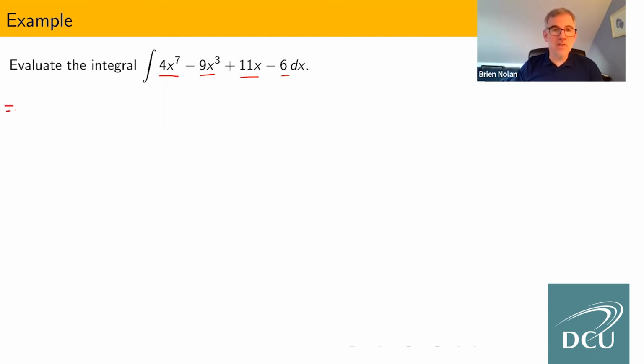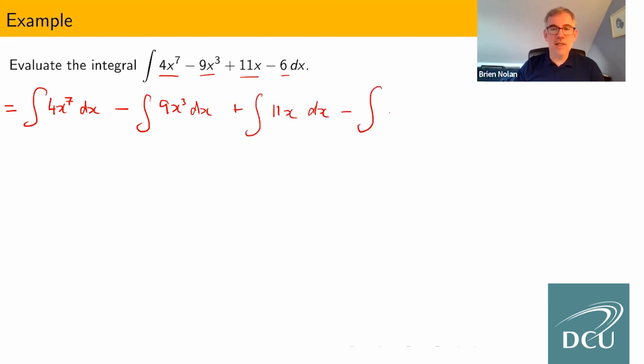So this integral will equal the integral of 4x to the 7 dx minus the integral of 9x cubed dx plus the integral of 11 times x dx minus the integral of 6 times dx. So we're using that add rule, the integral of f plus g is equal to the integral of f plus the integral of g, to do each part separately.